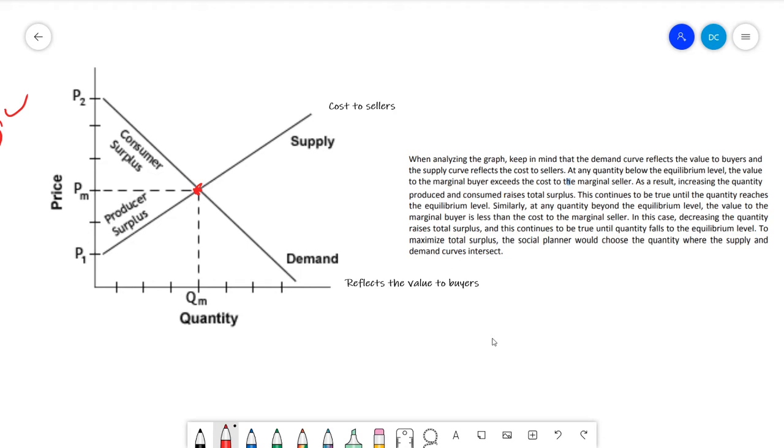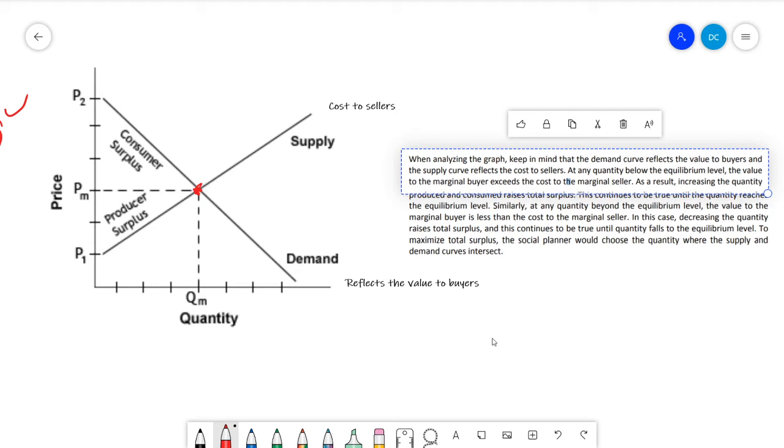We have to remember that a market is efficient when, first, the product goes to whoever values it most. The value to buyers is measured based on their willingness to pay.